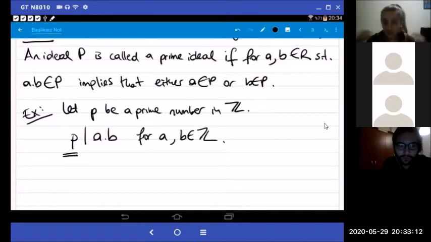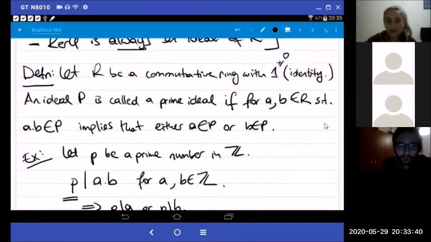For our purposes, it is enough to show that p divides at least one of them. From our knowledge about integers, we know that p divides a or p divides b, right? Just a review of our knowledge on integers. So this is the same idea in giving a definition for a prime ideal.